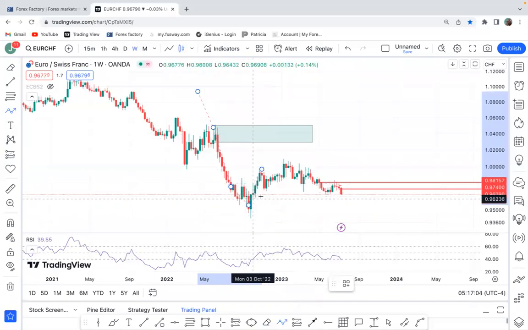So type a 1 in the chat if you get what the order block means.